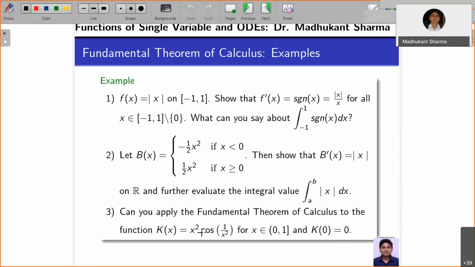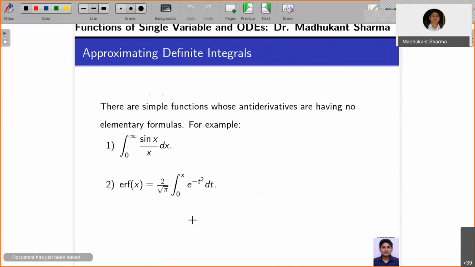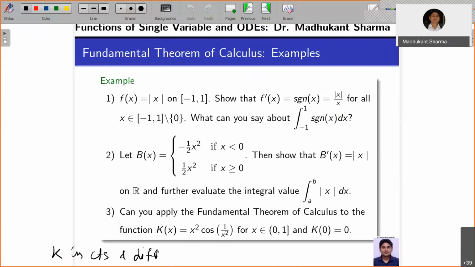Not only continuous, it is also differentiable. That can be shown: K is continuous and differentiable on the closed interval 0 to 1.